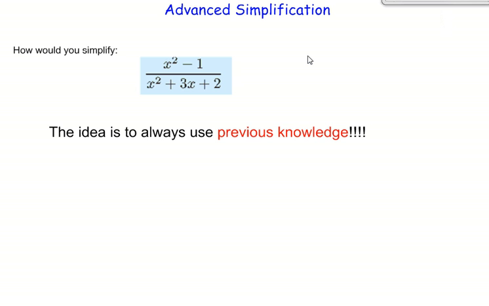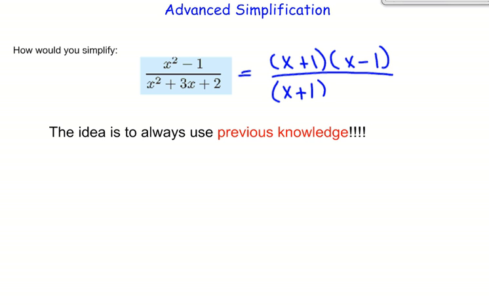Okay. Again, here we're going to continue to rely on our previous knowledge, and anytime we're faced with an algebraic fraction, we're always going to simplify first by factoring. So this x squared minus 1, we can factor to x plus 1 times x minus 1, and x squared plus 3x plus 2, that factors to x plus 1 and x plus 2.